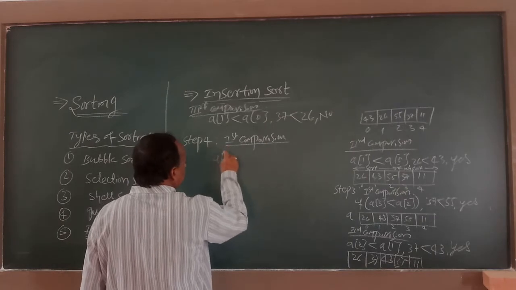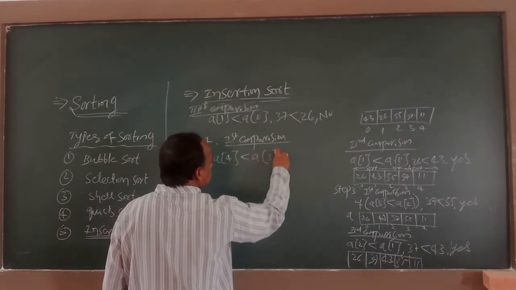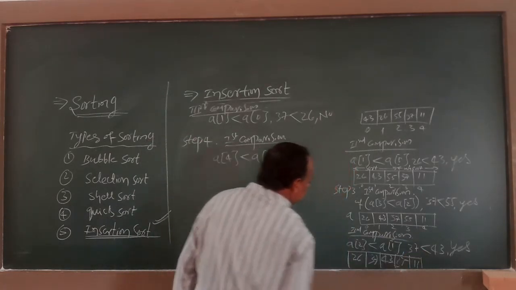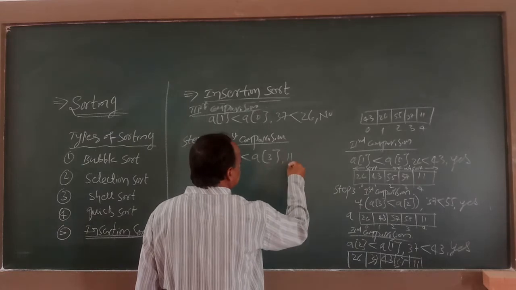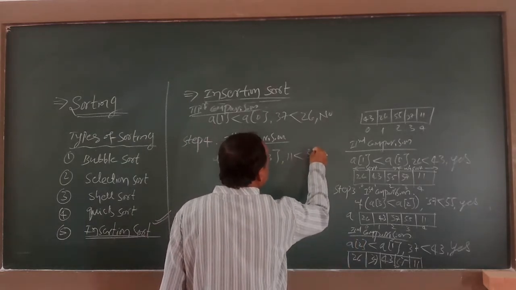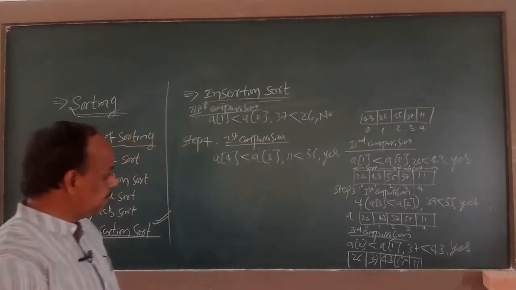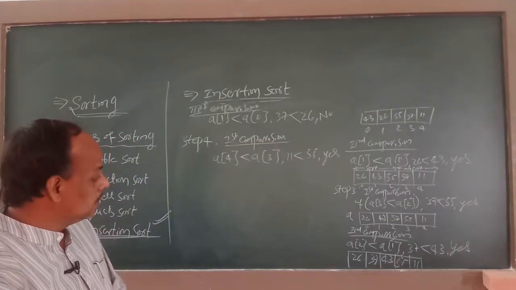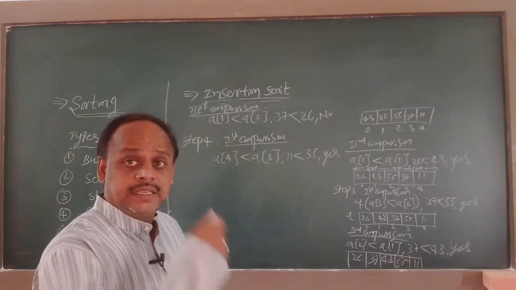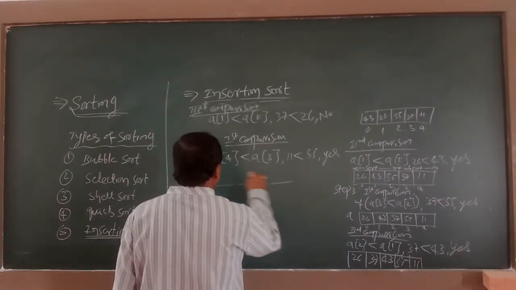A of 4 is less than A of 3. See here, A of 4 means 0, 1, 2, 3, 4. A of 4 contains 11, which is less than A of 3, which is 55. Yes, yes means interchange.